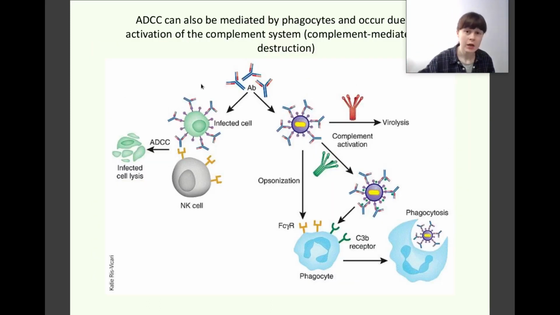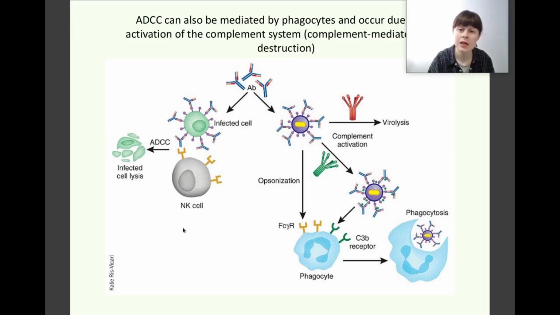And also we have another type of cytotoxicity. This is called antibody-mediated cellular cytotoxicity mediated by phagocytes. Here, the classical activation of antibody-mediated cellular cytotoxicity is the case with NK cells, which are spontaneously activated.